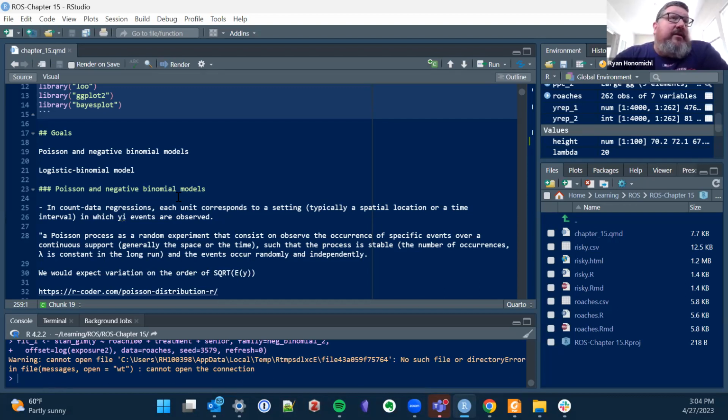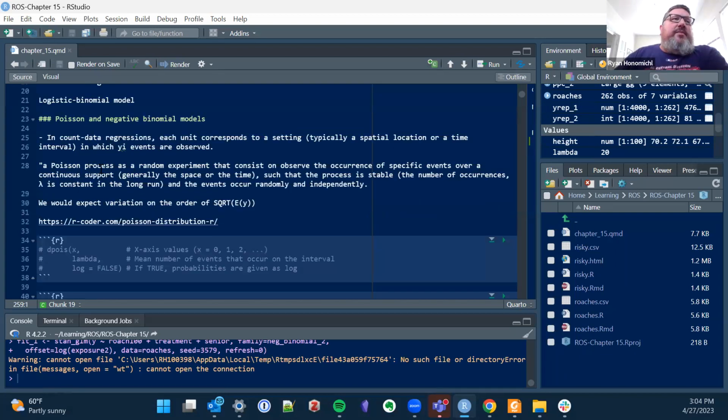A count can be 0, 1, 2, 3, 4, up to a potentially unbounded max. Then we'll talk about logistic binomial models, and what we have left is probit models, multinomial models, and then robust regression. Those are the things we'll cover next week.